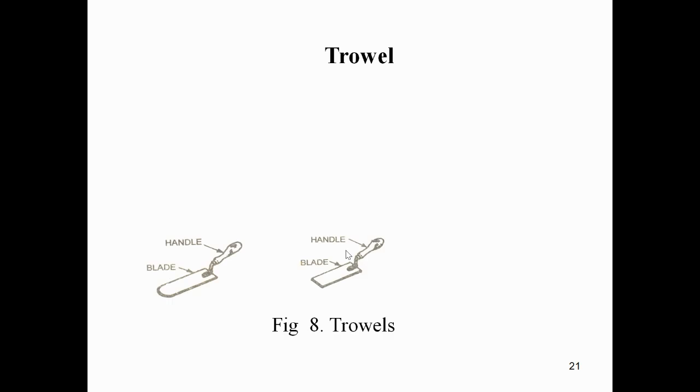Next one is a trowel. Here we can see the trowels. We have three different types of trowels. If we observe these three figures, we can know the difference between these three types of trowels.